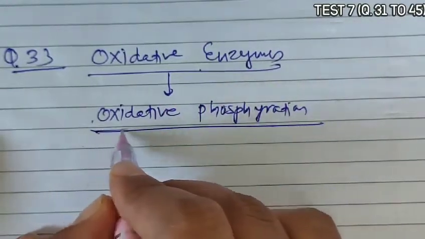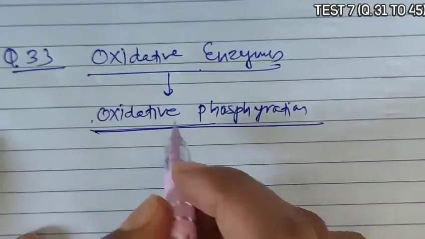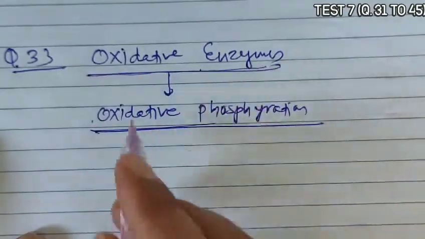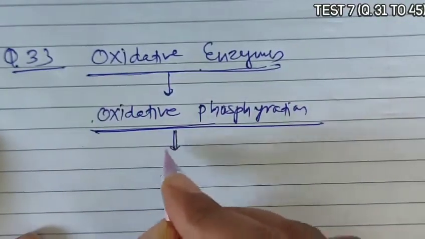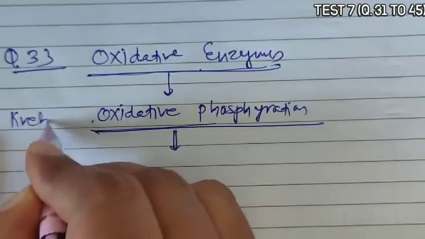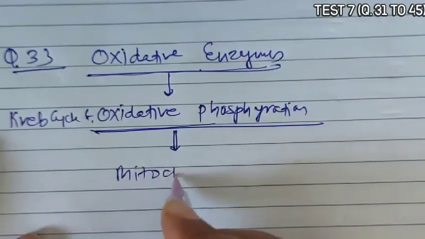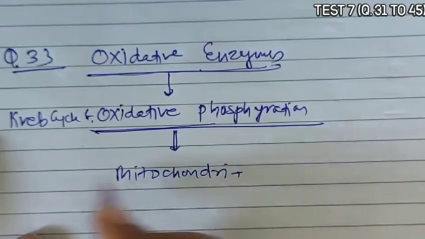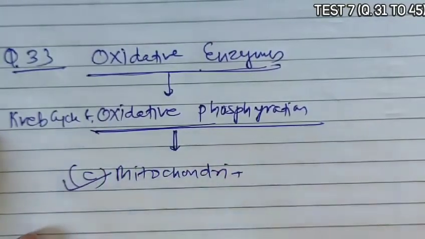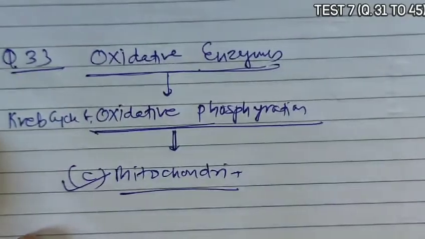Now, in Krebs cycle, which is an oxidative process, the oxidative enzymes are involved. So, it occurs in case of mitochondria. So, option C becomes mitochondria, because mitochondria is a respiratory organelle where oxidation of stored food material takes place.